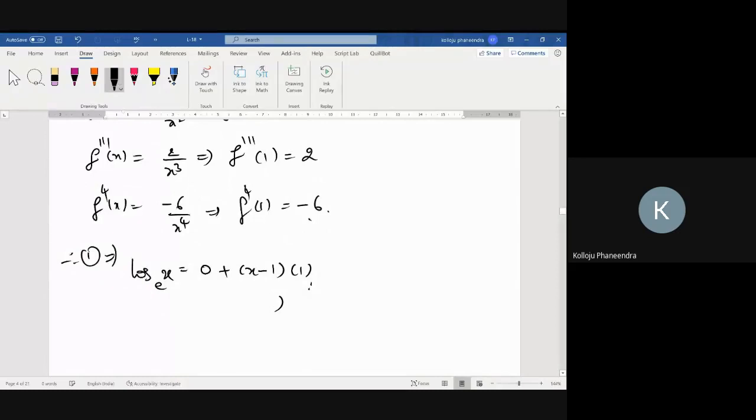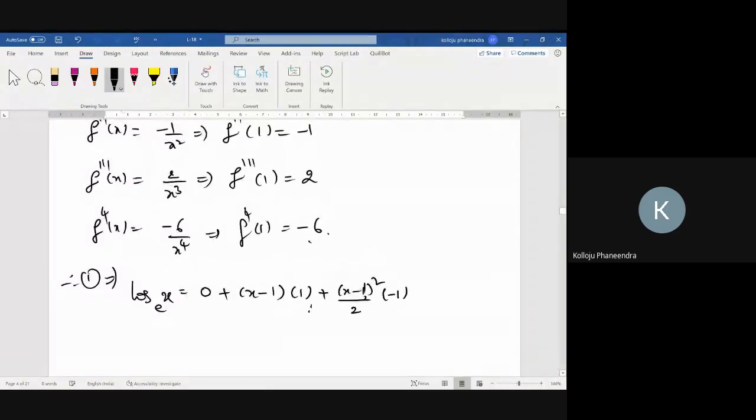Next, plus x minus 1 whole square by factorial 2 times f double dash 1, value negative 1. Next, plus x minus 1 whole cube by factorial 3 times f triple dash 1, which is 2. Next, x minus 1 whole power 4 by factorial 4, times negative 6, and so on.